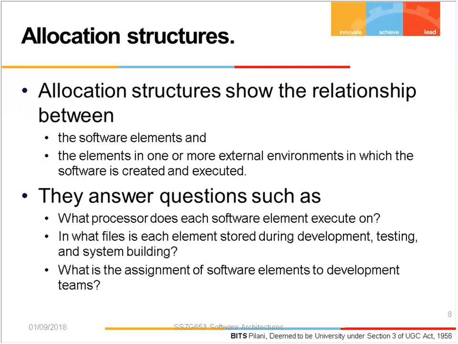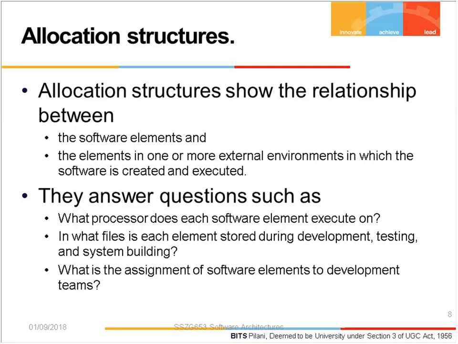So a software architect is one person who cannot forget the hardware side of things. He has to bother about where the files will be stored, what resources will be used, what CPUs will be used, what will be run on which CPU, where will you keep the data, which data will be shared.